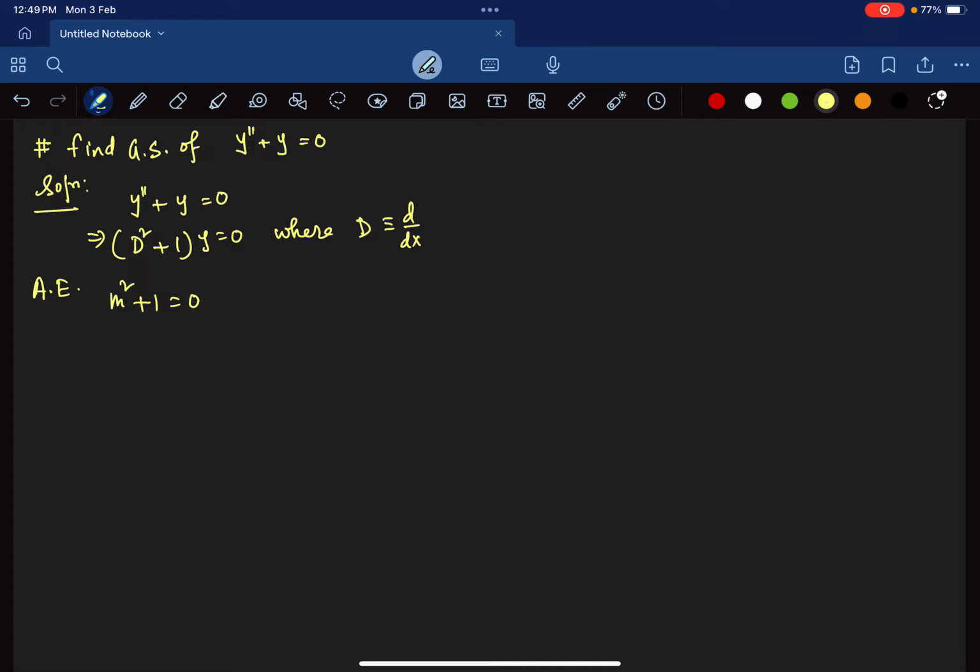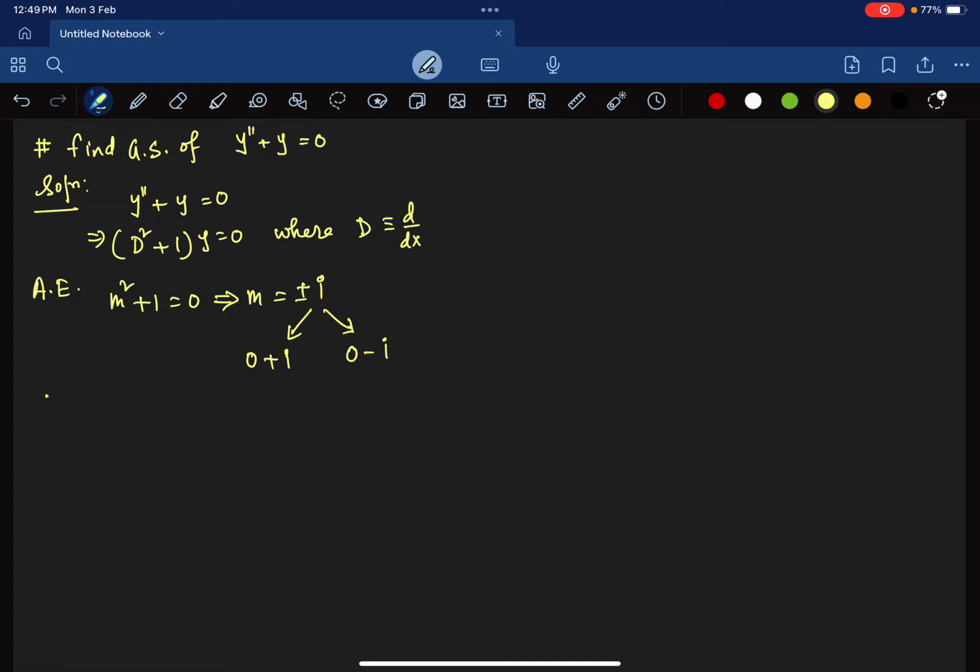Or if you want, you can take the trial y equals e power mx, then substitute y dash, y double dash, and ultimately you will get this equation in m, which is a quadratic equation as well. If you solve this, m equals plus minus i. So initially you can consider i and minus i this way, so that you can tally with the basic formula 0 plus i and 0 minus i.